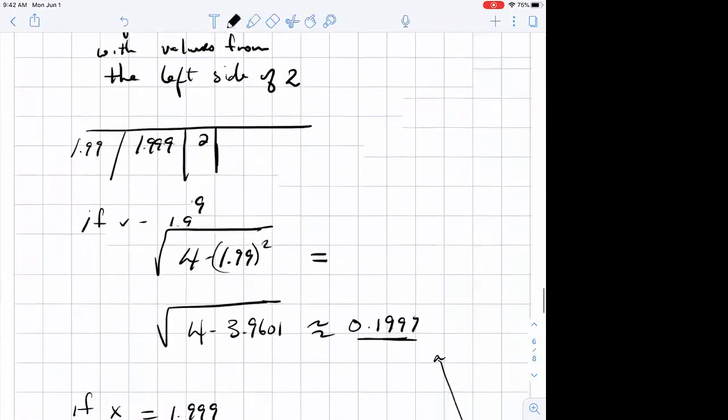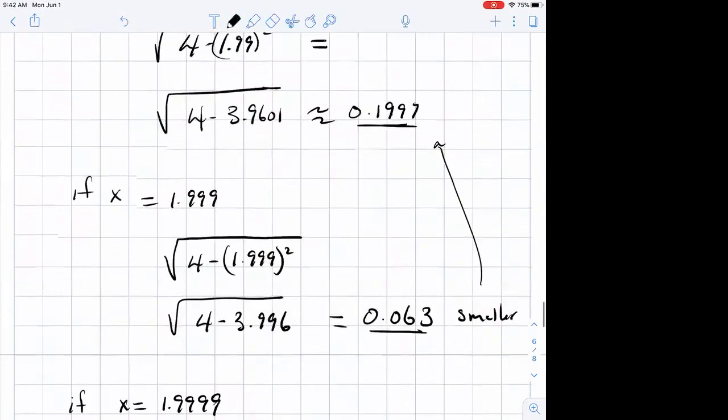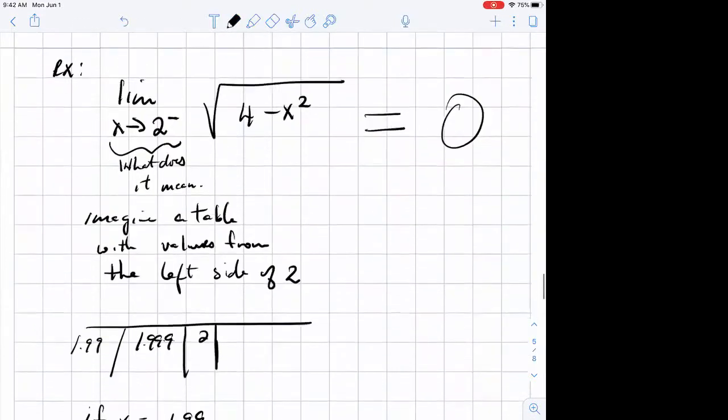This tells me that the limit as x approaches 2 from the left side of the square root of 4 minus x squared is equal to 0. Let's remove this from here because we didn't know that at the beginning.